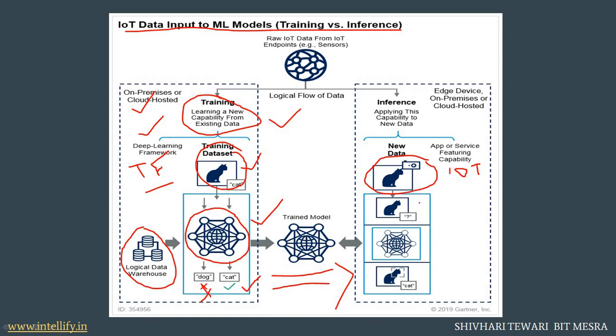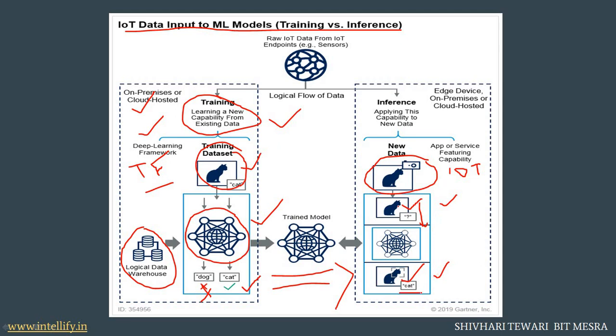Then the data is given to the machine learning model, and the model is going to check whether this pattern is matched with this pattern. If this pattern is matched with this pattern, that means the animal standing in front of the camera is a cat.